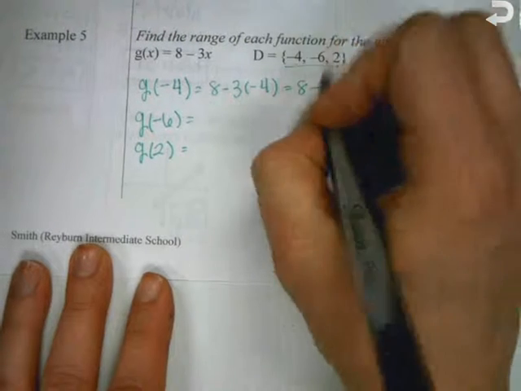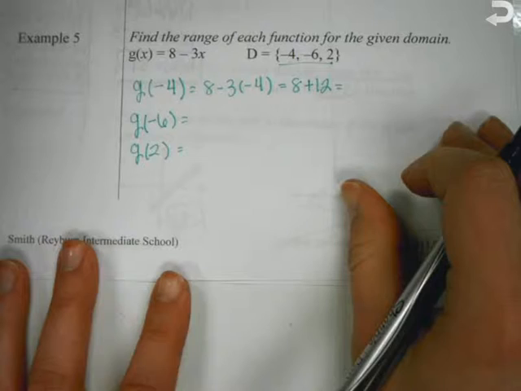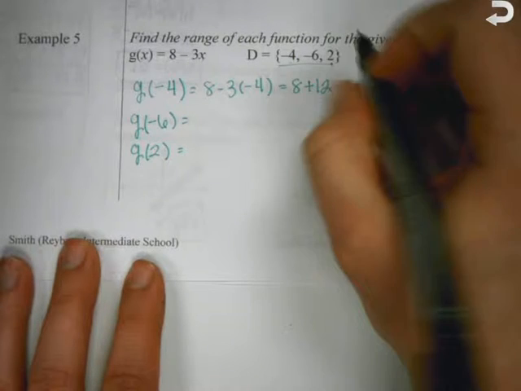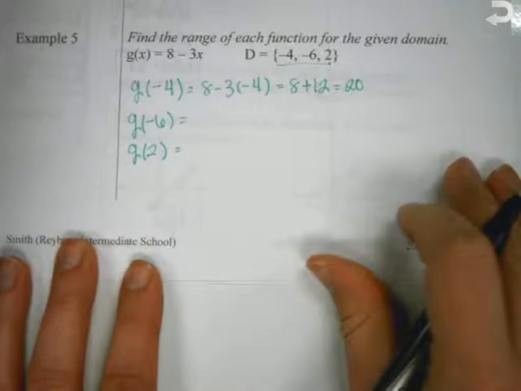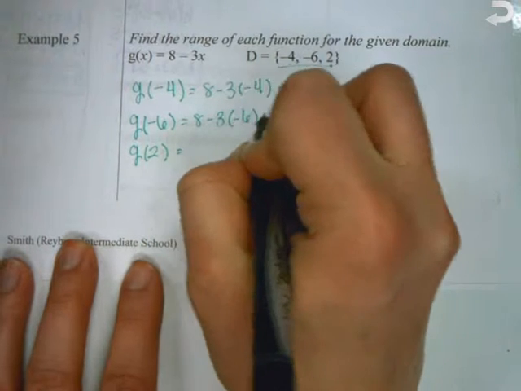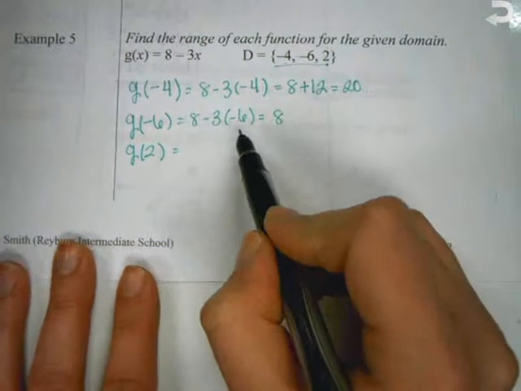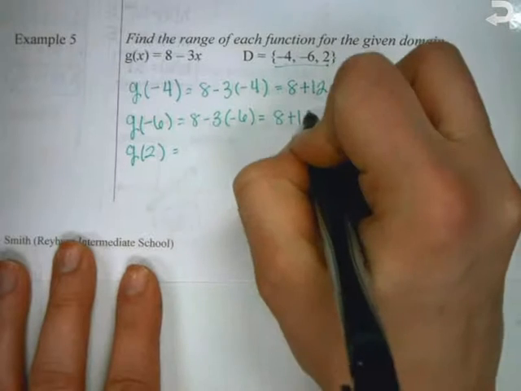Negative 3 times negative 6 gives me positive 18. 8 plus 18 is 26. g of 2: 8 minus 3 times 2 equals 8 minus 6, which equals 2.